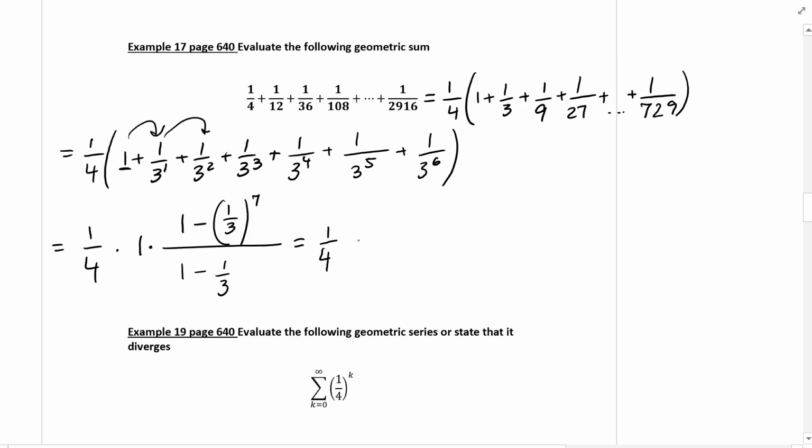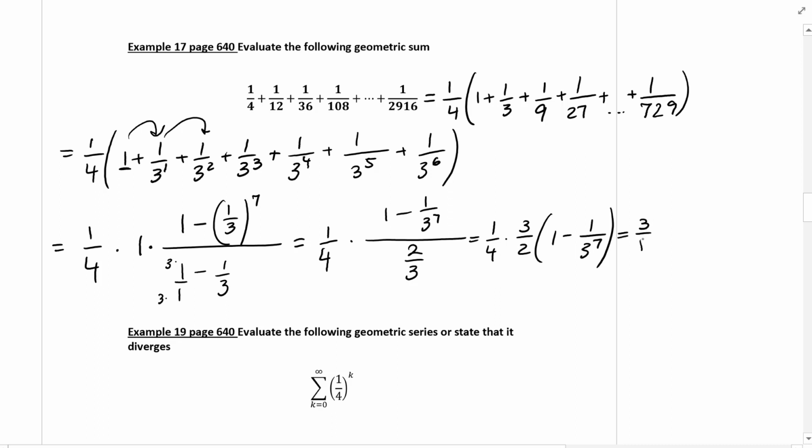So 1 over 4 times 1 minus 1 over 3 to the 7, and then if we multiply by 3, we get 1 over 4 times 3 over 2 times 1 minus 1 over 3 to the 7. So it's 3 over 8 times 3 to the 7 minus 1 over 3 to the 7. So we can do 3 to the 7 minus 1. I'm trying my best to use the calculator as little as possible. So now I just have to put it in the calculator.